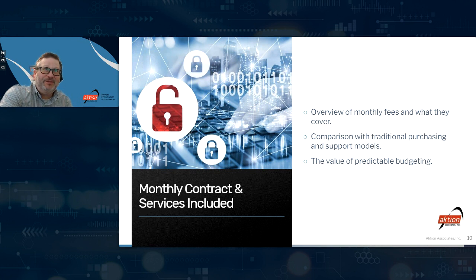We need to purchase those now. This gives you a lot more direct control and intentional strategy around buying and refreshing your endpoints. So that gives you greater stability in your IT budget, and gives you some better expectations overall as to what your spend will be in a given year.